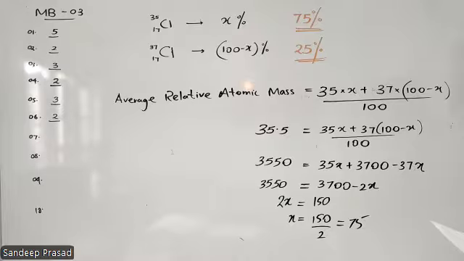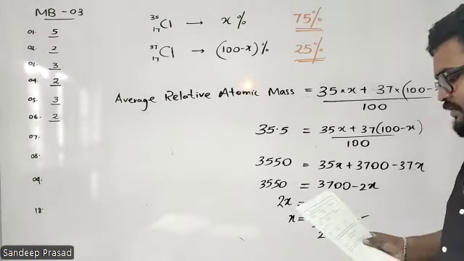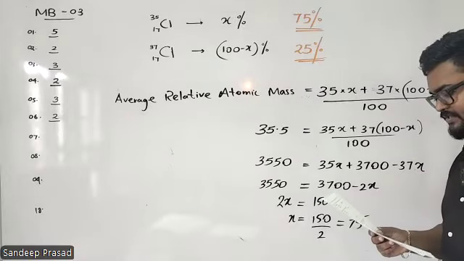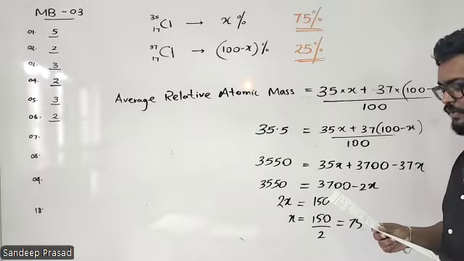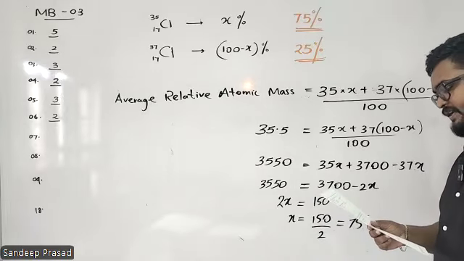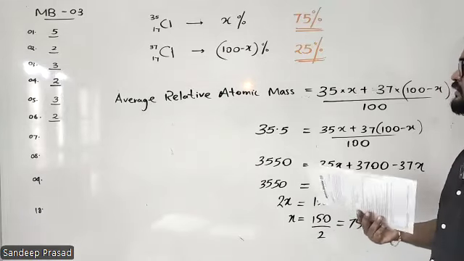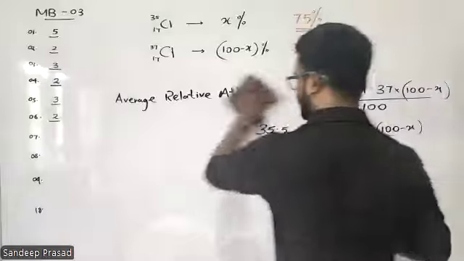Question number 6 was related to isotopes. Then question number 7, a very easy question from electromagnetic radiations, the electromagnetic spectrum. Which of the following electromagnetic radiations has the highest wavelength? Can you remember the order of the electromagnetic spectrum?